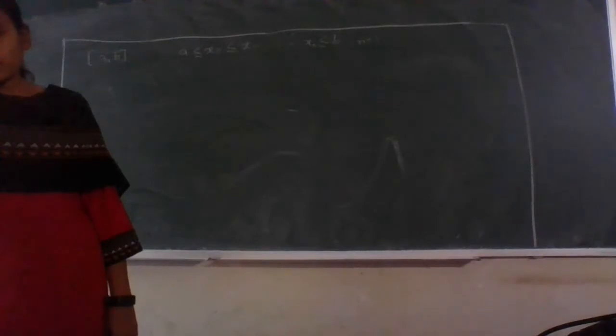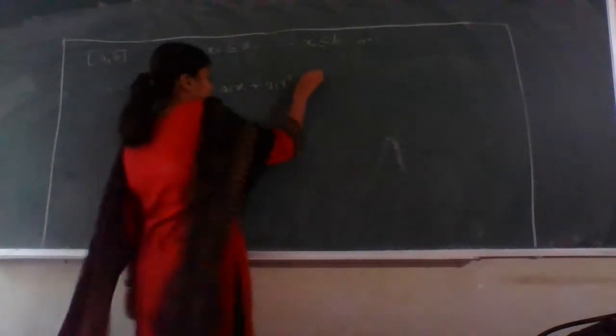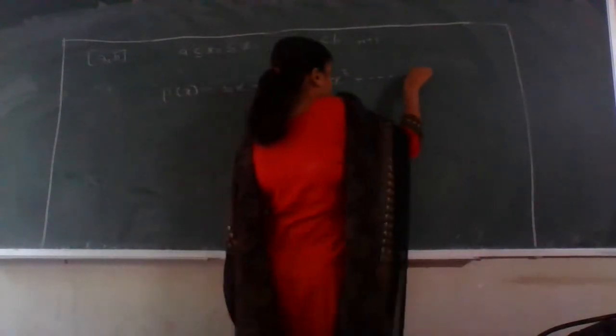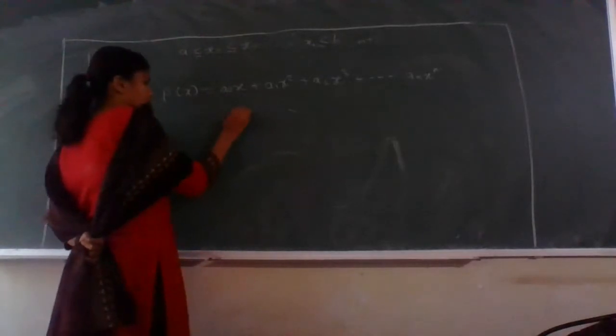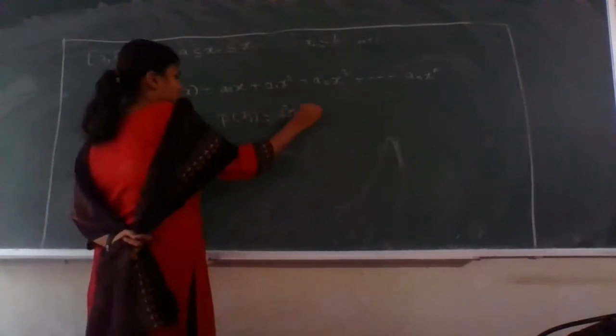We have to find a polynomial p of x equal to a0 plus a1 x plus a2 x square and so on up to an x raised to n, satisfying the points. Satisfying the points means we have to find a polynomial such that p of xi is equal to f of xi.